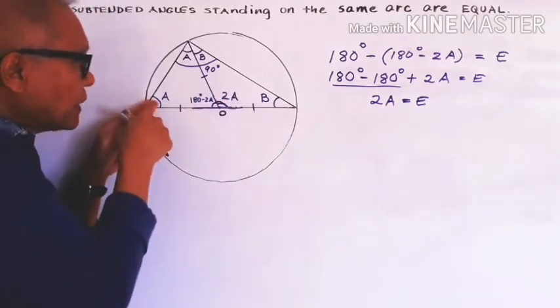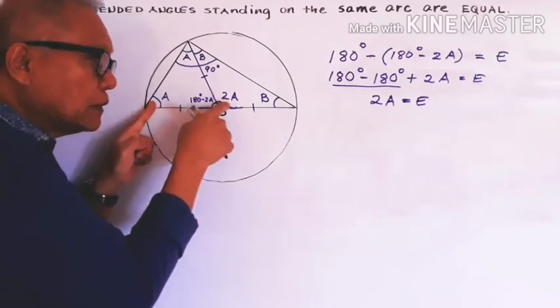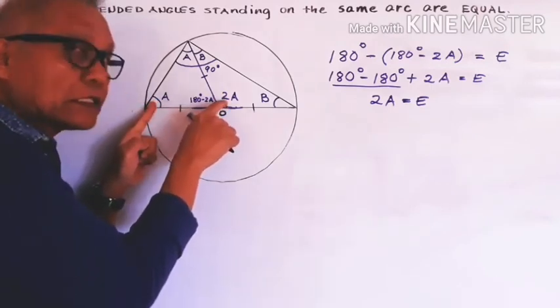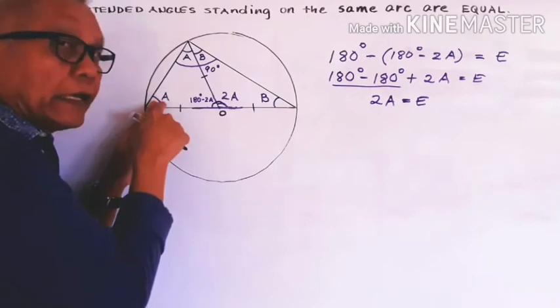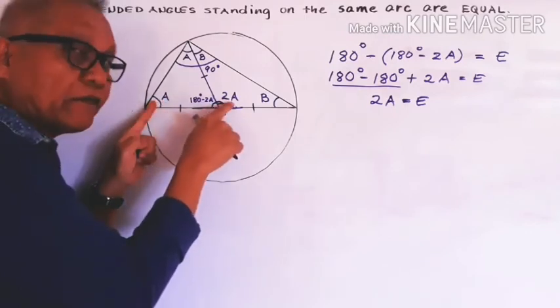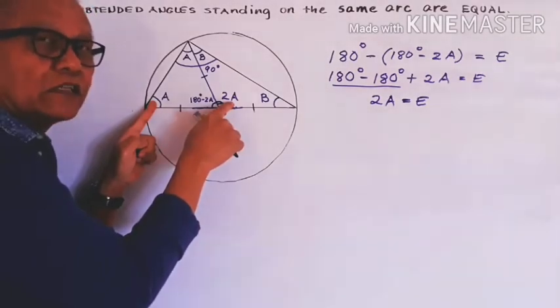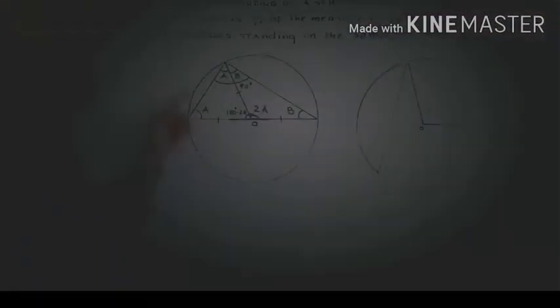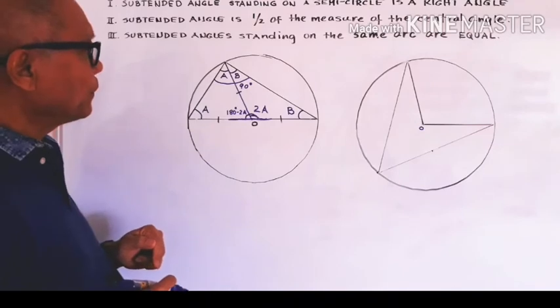It means this one is A. That central angle is twice the measure of angle A, or angle A is 1/2 of the measure of the central angle. This is the proof of the second theorem.